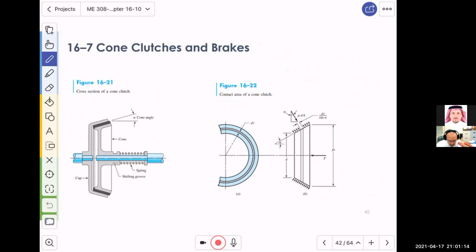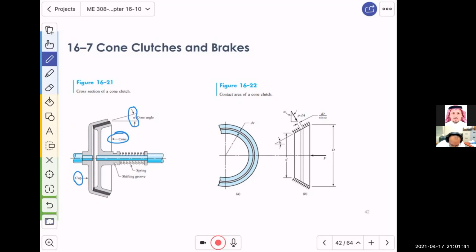If you look here, just to give you a little idea, we have a cup with a divergent geometry, and the cone, which is convergent, with a cone angle of alpha. Of course, both of them will have the same alpha.